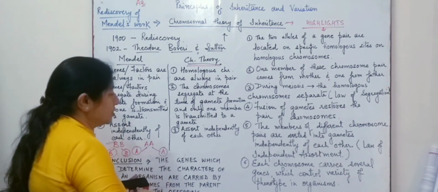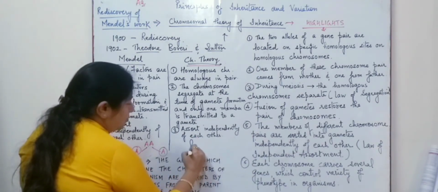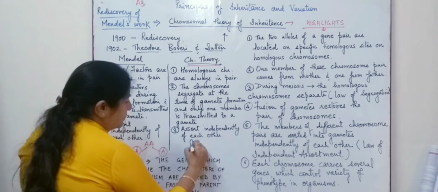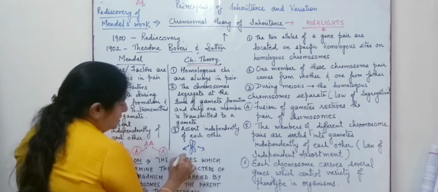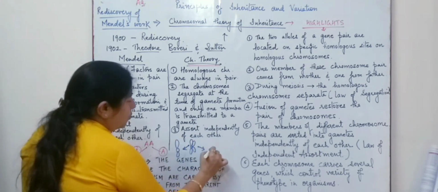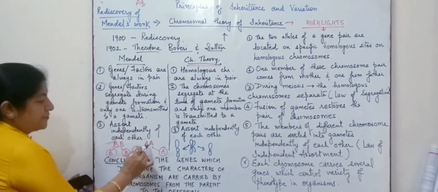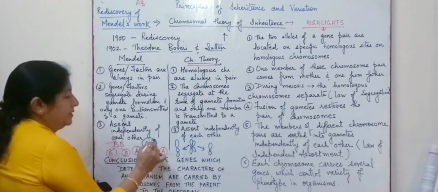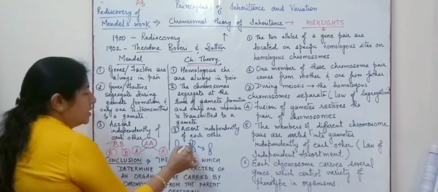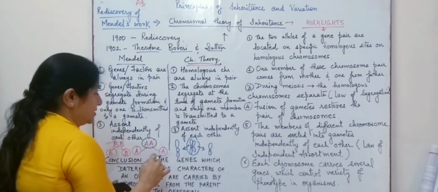If these are the homologous pair of chromosomes, this pair will separate so that a gamete will have only one chromosome. So here we find the similarity between the factors proposed by Mendel and the chromosomes suggested by Boveri and Sutton.